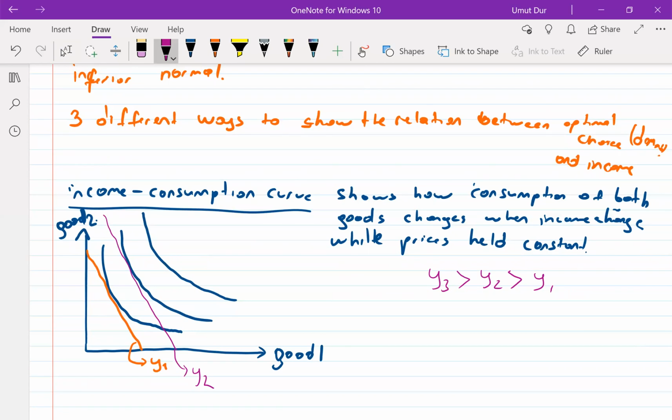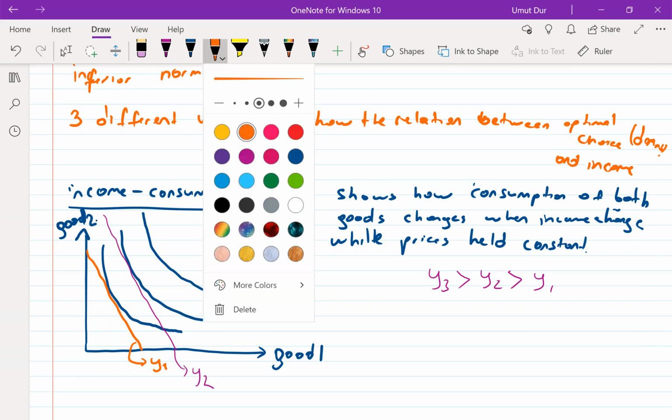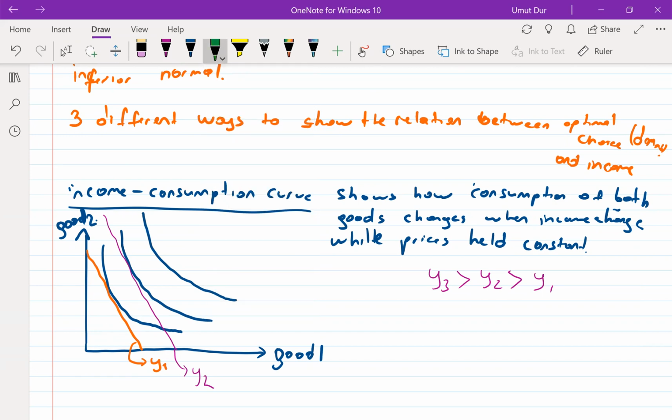Remember, we are keeping the prices constant here. We are just changing the income, and let's say that we have another one here, the green one, and this is the last one, white. So we have three different optimum bundles for three different incomes.